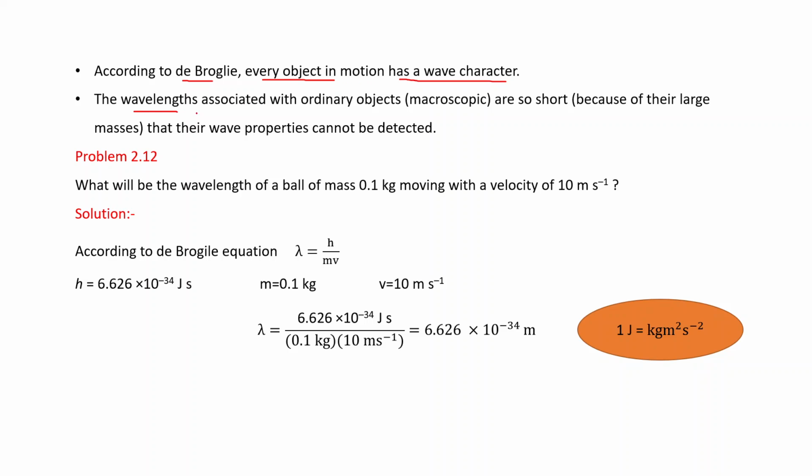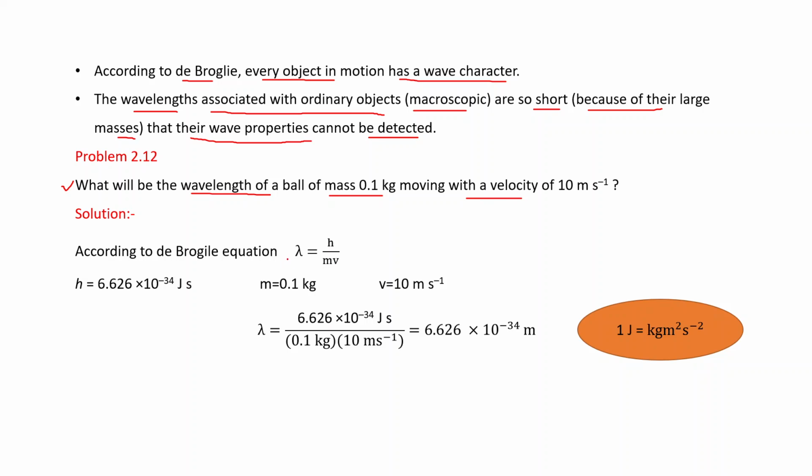The wavelengths associated with ordinary objects, that is macroscopic objects, are so short because of their large masses that their wave properties cannot be detected. This can be explained by taking this question. What will be the wavelength of a ball of mass 0.1 kilogram moving with the velocity of 10 meter per second?